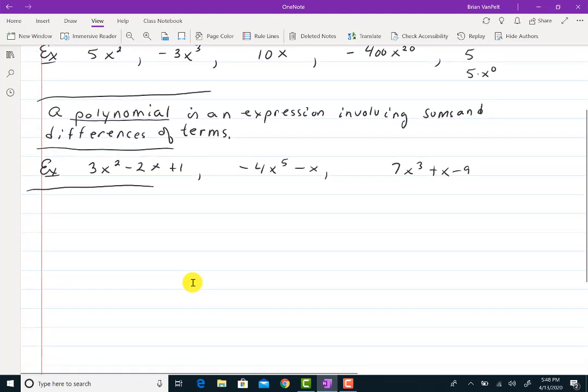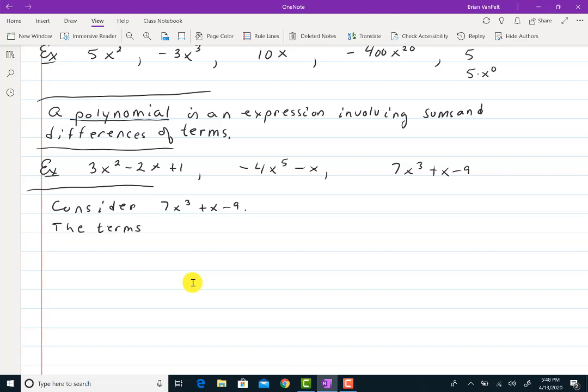So that last polynomial, 7x cubed plus x minus 9: the terms of that polynomial are 7x cubed, there's one term, x, there's another term, and negative 9. The negative or positive is attached to the term, so keep that in mind.